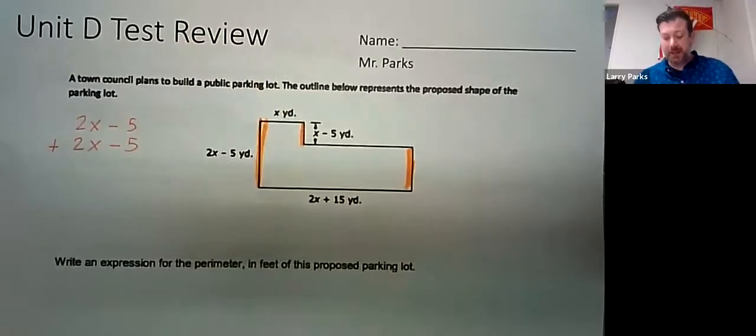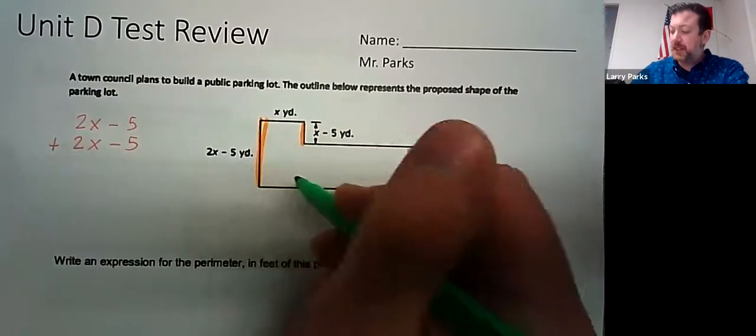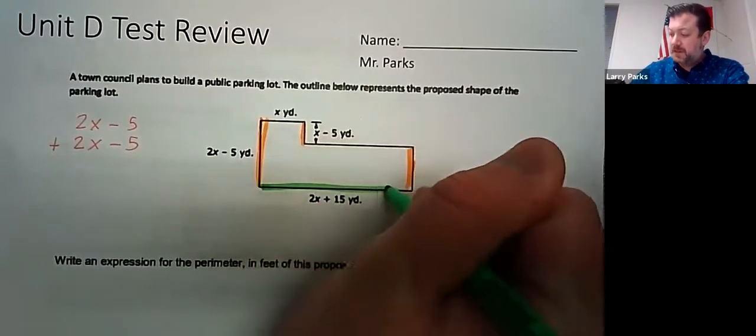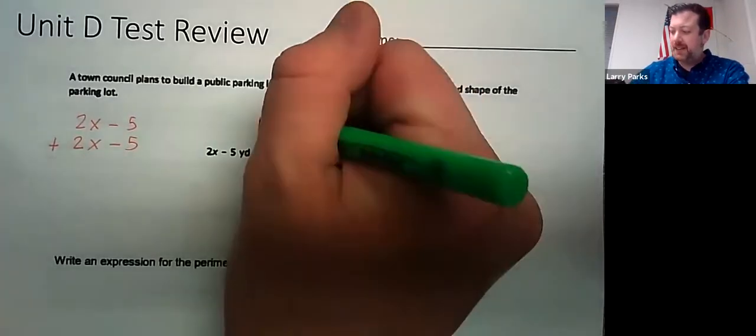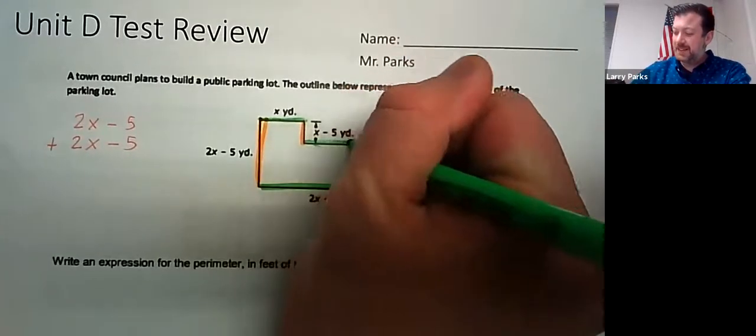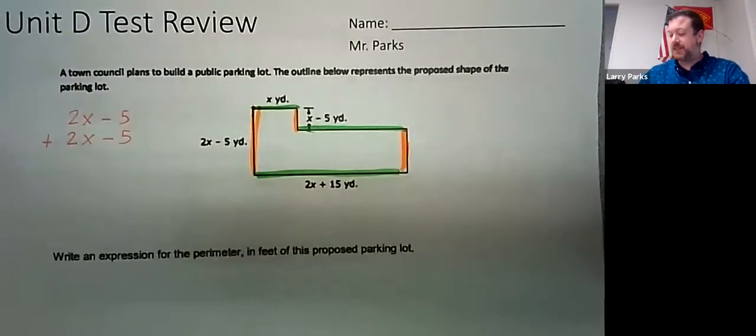I think that would be the easiest way. Then you have the length, 2x plus 15. Well, if this is 2x plus 15, then so is this. So you're going to add on 2x plus 15 twice.